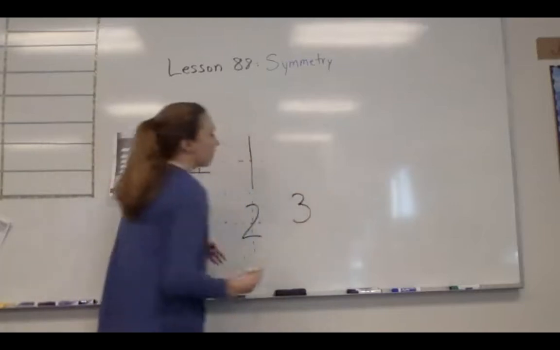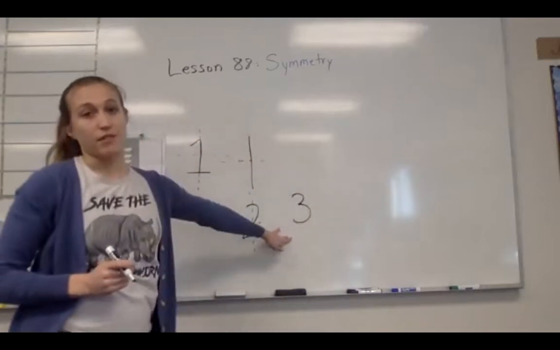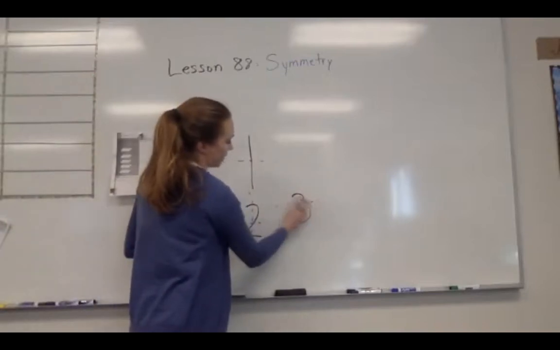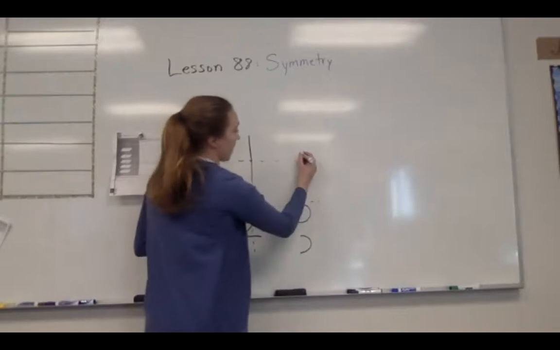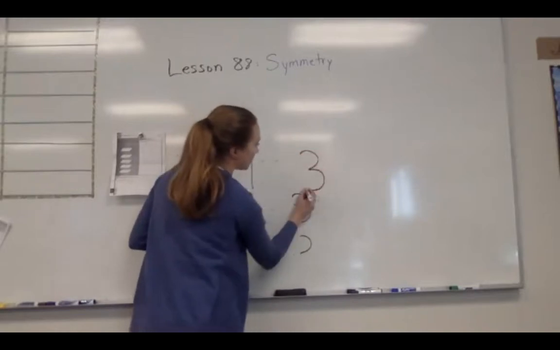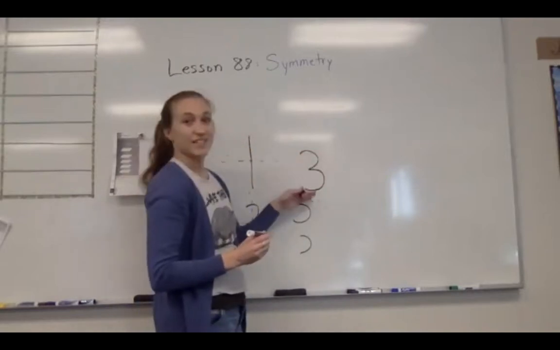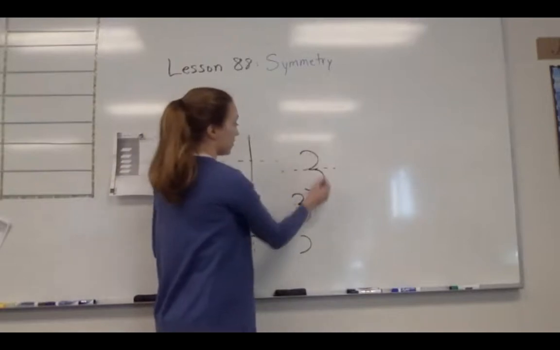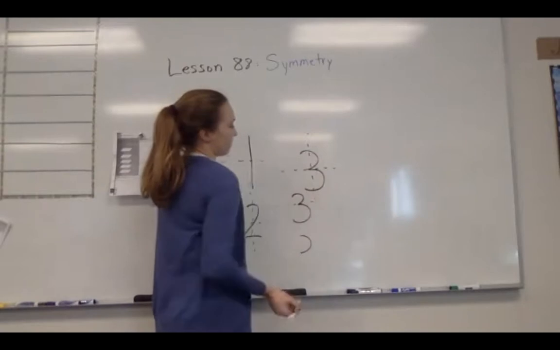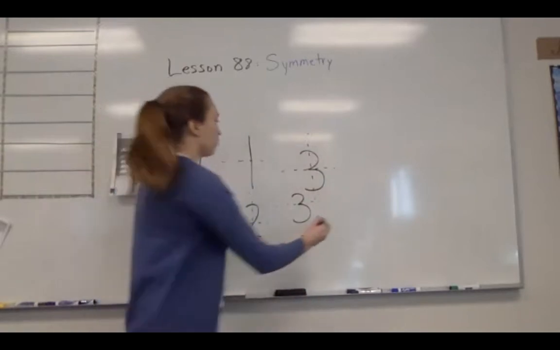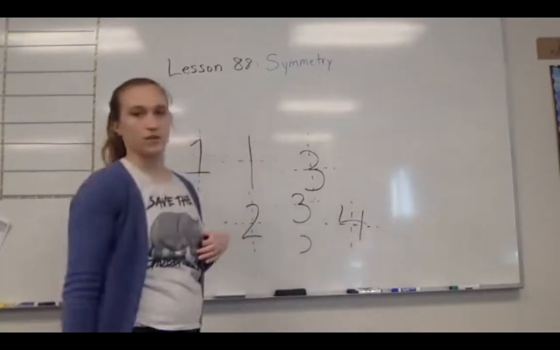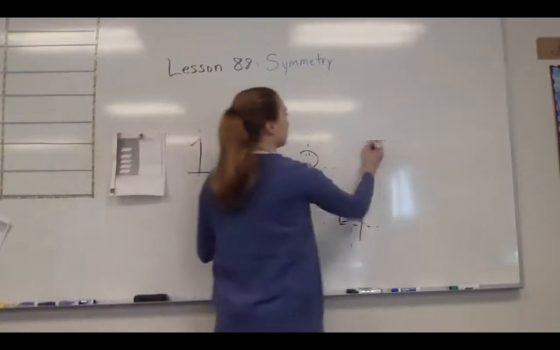3. Okay, 3 is a little bit tricky, because if you have a 3 like this, then no, you cannot fold it and get the same shape. But if you have it sideways, then it is, right? So you could do it symmetrically this way, not this way. Okay. 4. Yes or no? 5.